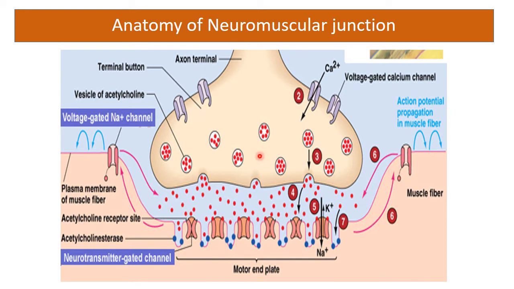The space between the axon terminal and the muscle fiber membrane is called synaptic space or synaptic cleft. You can see this is the synaptic space or synaptic cleft. As I have told you, it is not an anatomical connection. So the cleft is around 20 to 30 nanometer wide space.